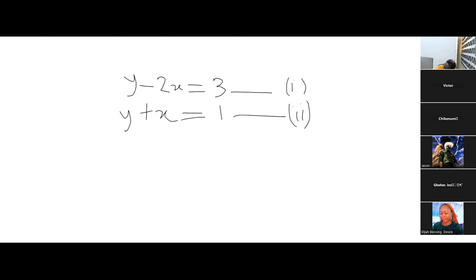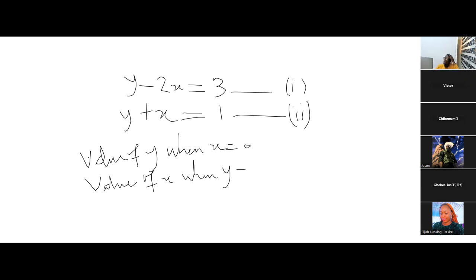The first thing you will do is look for the value of y when x is equal to 0, and also look for the value of x when y is equal to 0. How do we do it?